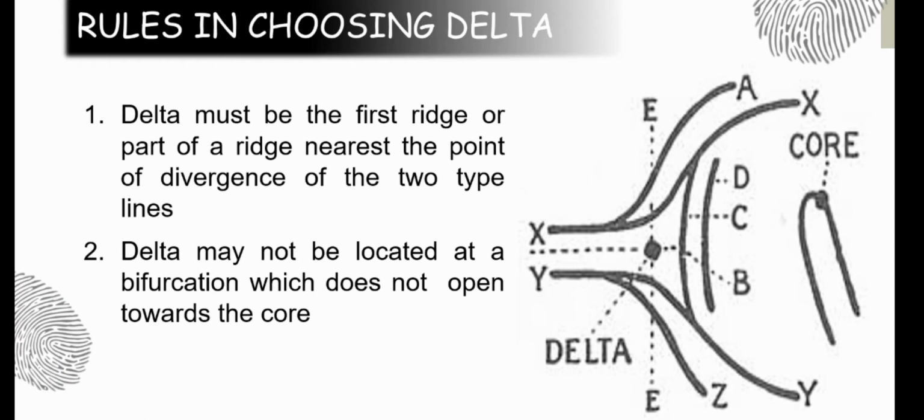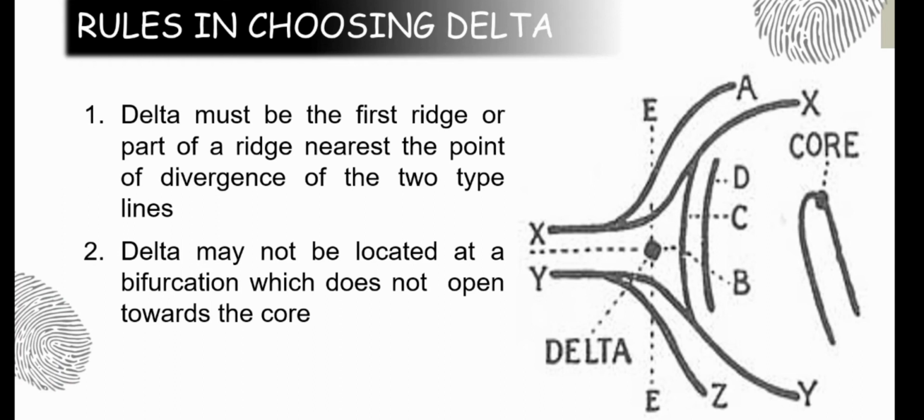X and Y are at the very center of the divergence; they run parallel and then they diverge. The delta is found at the point of divergence, or the nearest point of divergence.